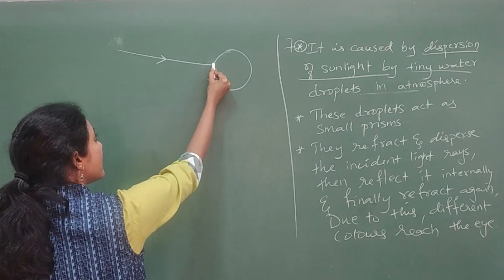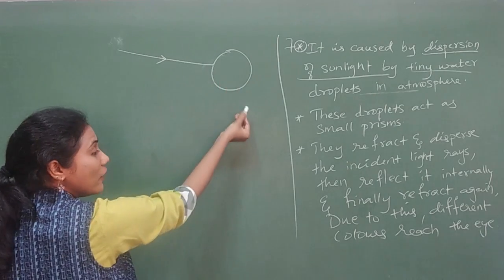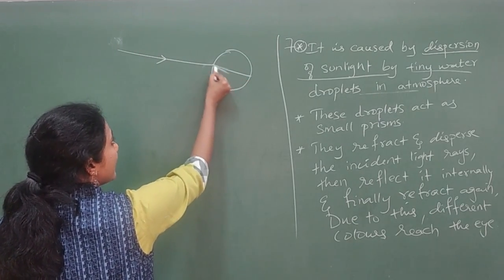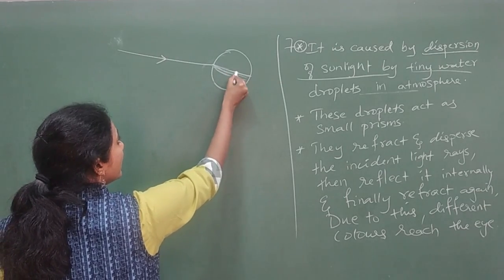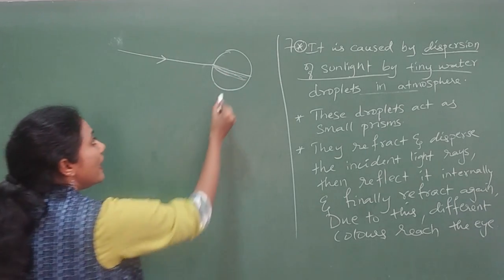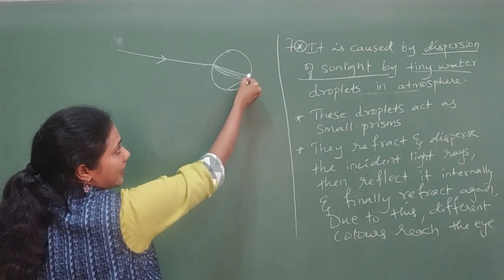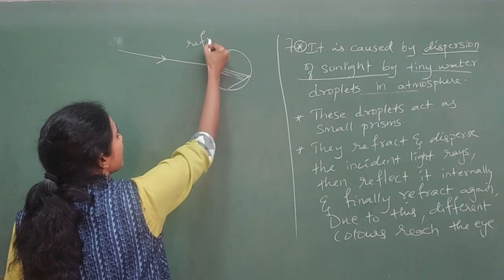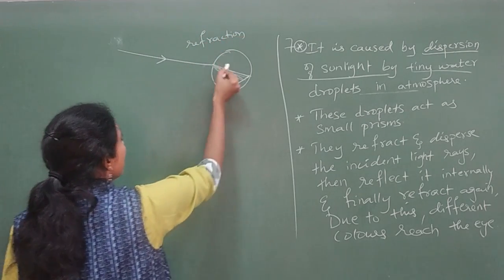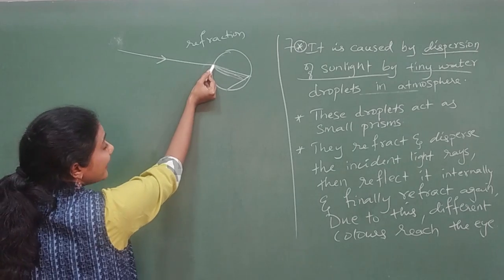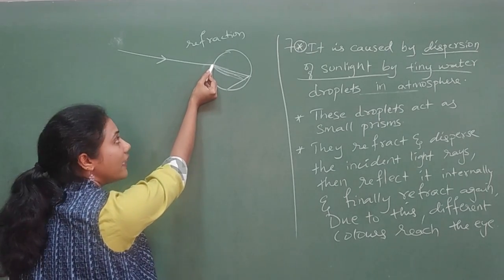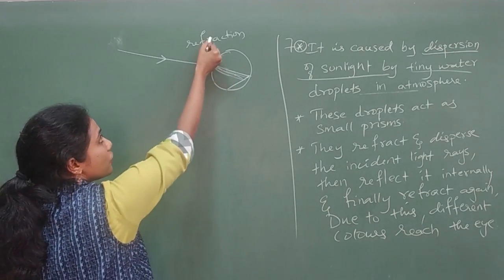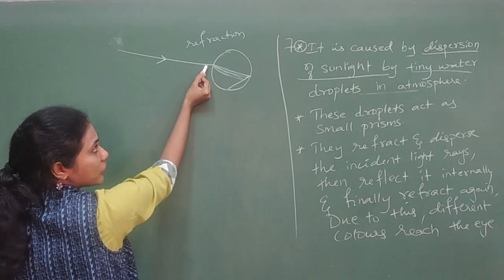So a certain level of refraction takes place, bending of light takes place, and the colors are separated: red, violet, blue, indigo, all the colors are getting separated. Whenever light hits the surface of a droplet, there is a change in the medium, so speed of light changes, so bending of light takes place. So in the first step, one level of refraction takes place.